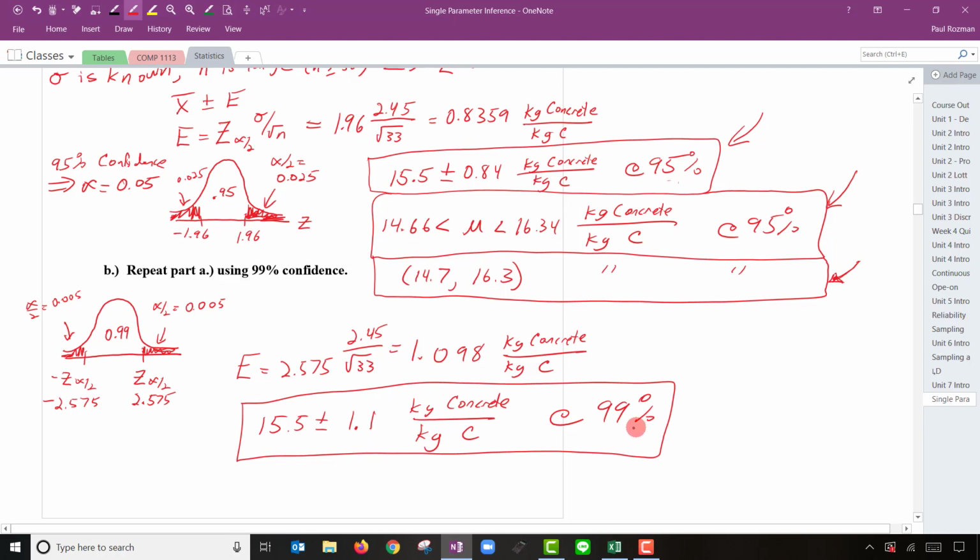You notice what happens, the difference between the 99% and the 95, it got wider. So in order to get more confident in my answer, I needed a wider range of values. So being more confident ends up having a wider range, which might not be as helpful. Sometimes this error ends up being so wide that it becomes useless.